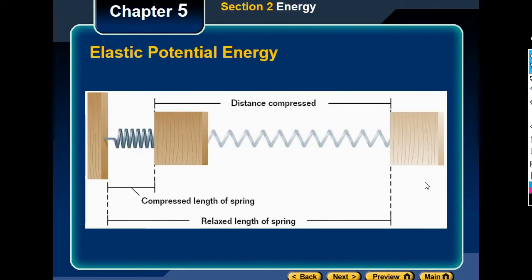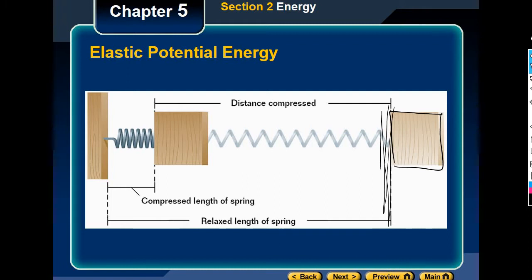Now let's explain more about elastic potential energy using a spring. Look over, guys, at this picture. Now we have here an object held with this spring. It was in this place at the beginning. When this object starts in this place, this distance is called the relaxed length of the spring.